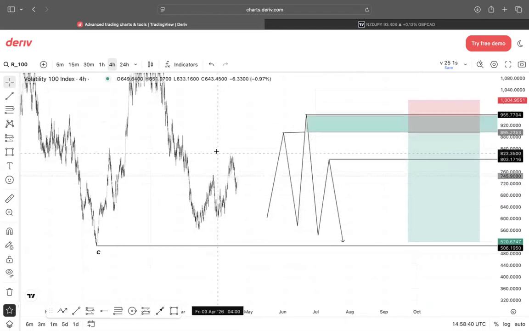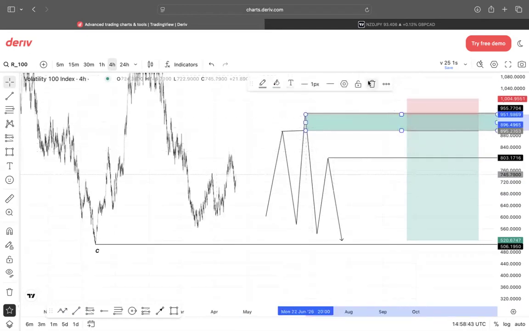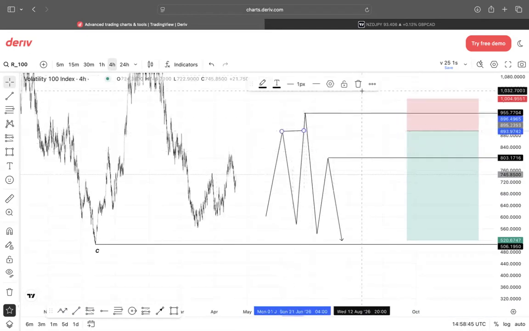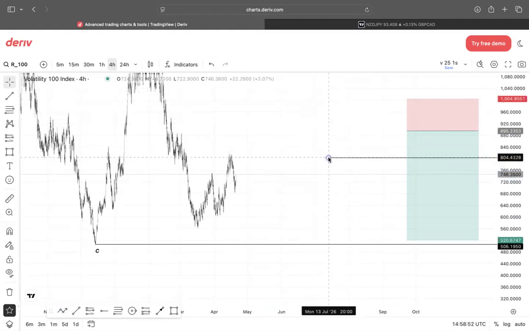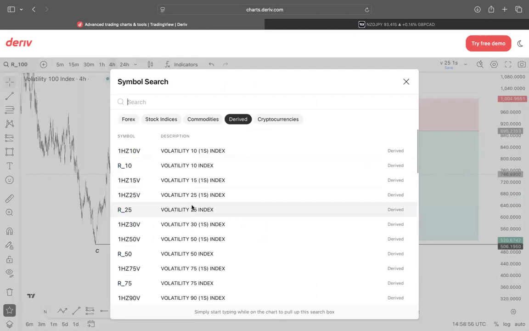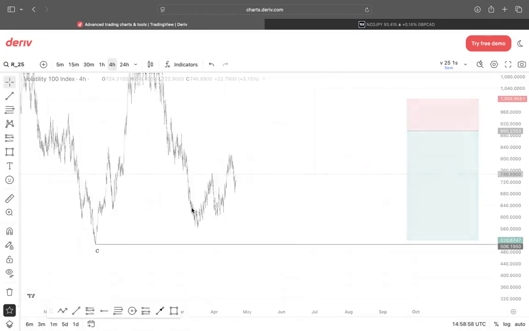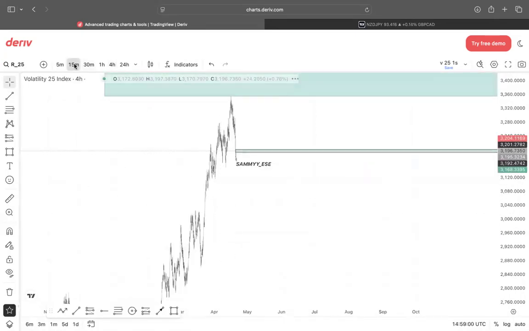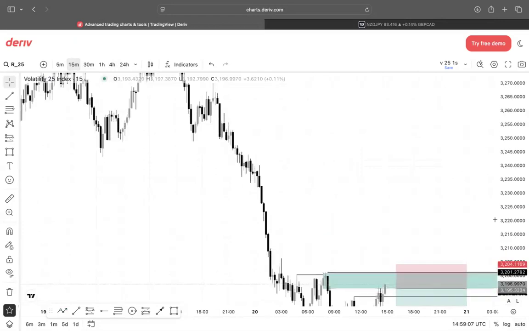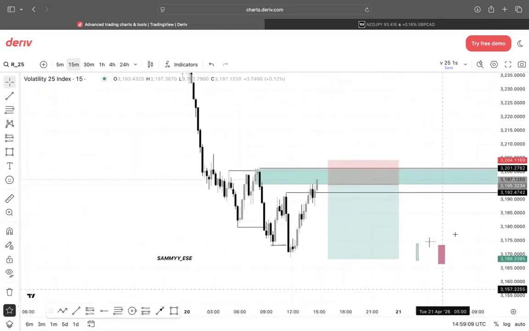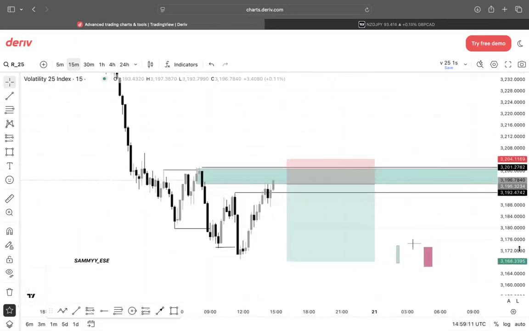Those are the pairs that I'm basically looking out for this week. If there are others, probably I'll post them as the week goes by. So look out for these two. If you have a valid confirmation on this V25, you can enter. But if you don't have a valid confirmation like this, there's no need for entry.